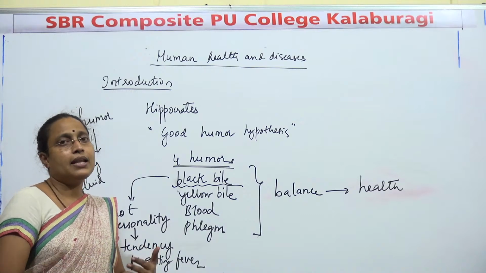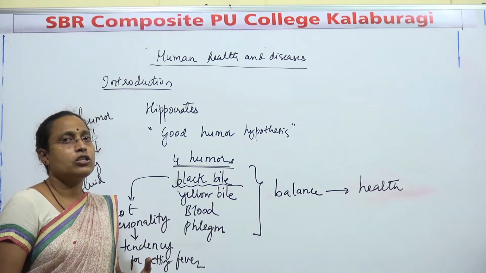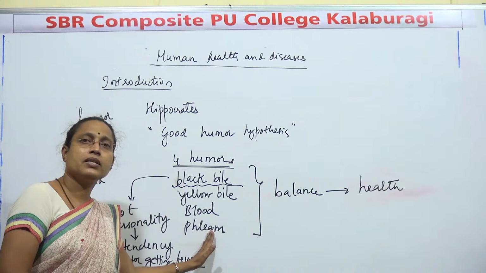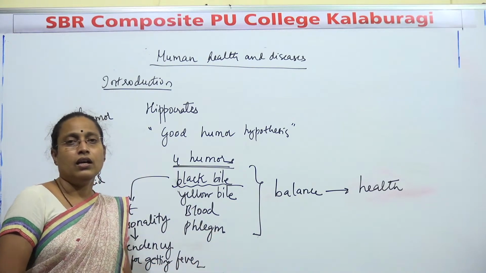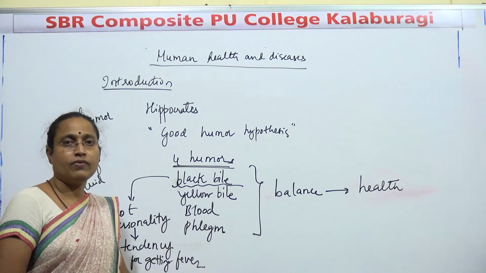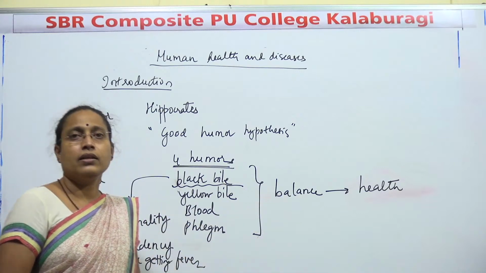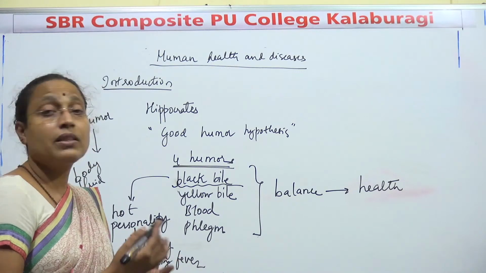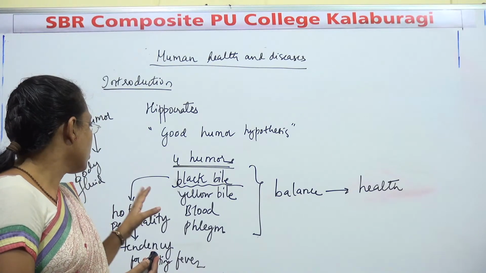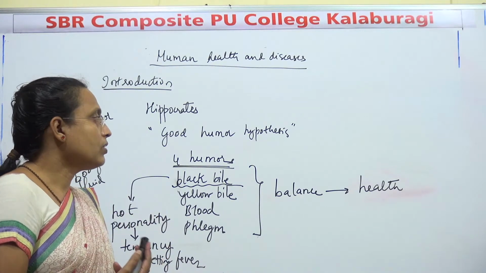If there is a balance, there will be health. Otherwise, there is a loss of balance. So on similar principles, even the Ayurveda system believed in this balance of body fluids that will make the person healthy. So this was about that.